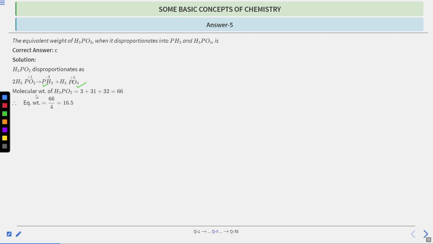So molecular weight will be 3 plus 31 plus 32 for oxygen, and total is 66. So equivalent weight will be molecular weight divided by the change in the oxidation number. So 66 divided by 4, which is coming out as 16.5. That's why the correct answer will be C.